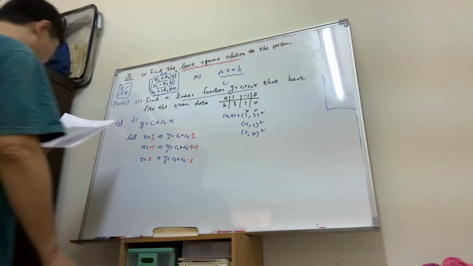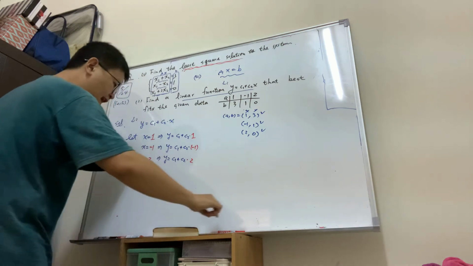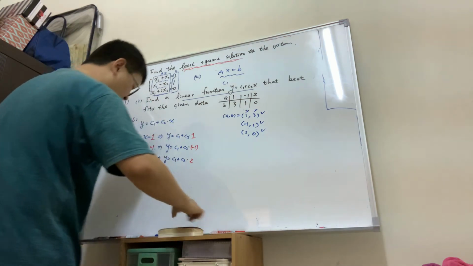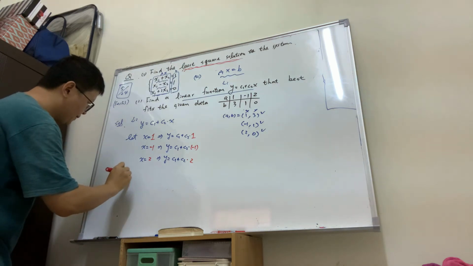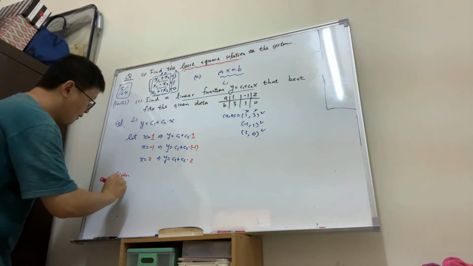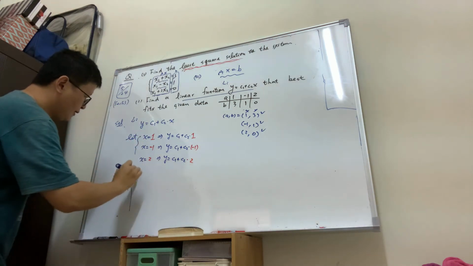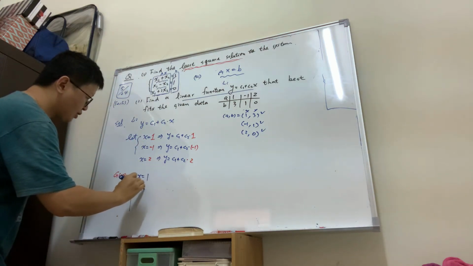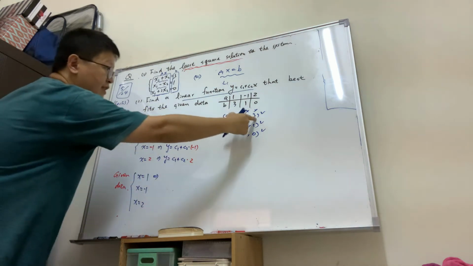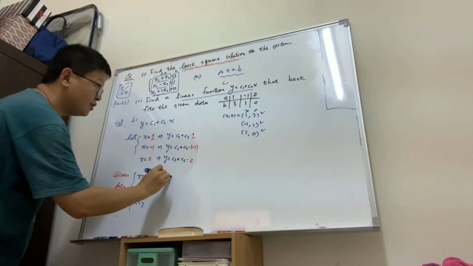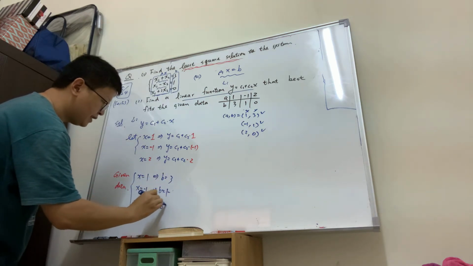But for our given data, if x equals 1, x equals negative 1, x equals 2, the y values should be b is 3, b is 1, b is 0.